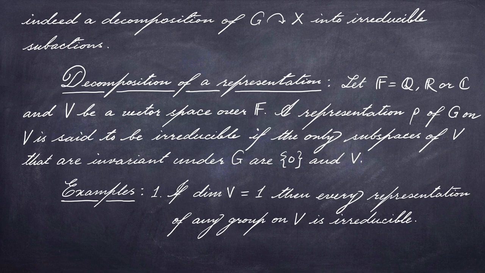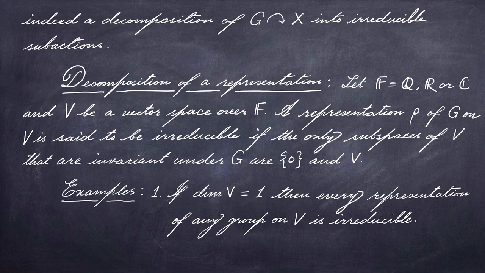But in case of representation, since we have the linear structure in the picture, we need to modify the meaning of invariant. For general actions we can take invariant subsets, but for representations we have to modify that to invariant subspace.